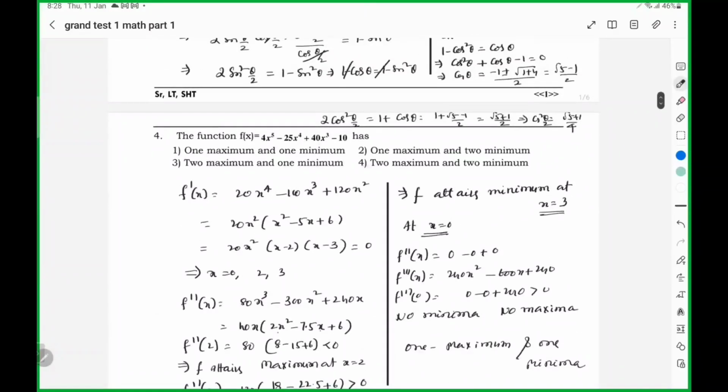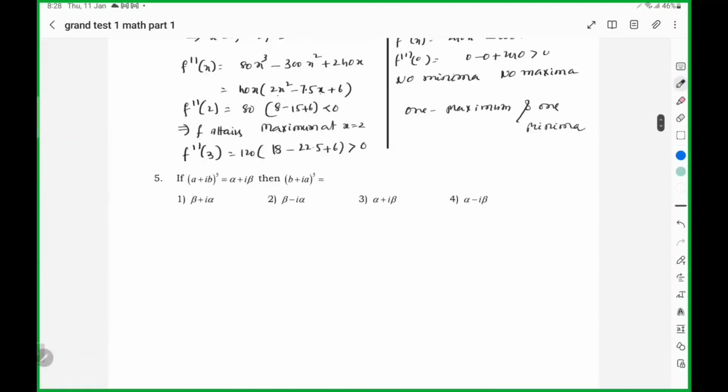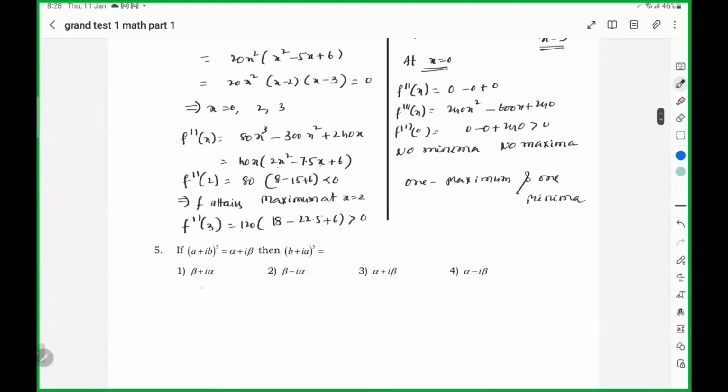So here it is a plus i beta whole power 5. Take i common, i power 5, 1 by i is i by i square, i by minus 1.